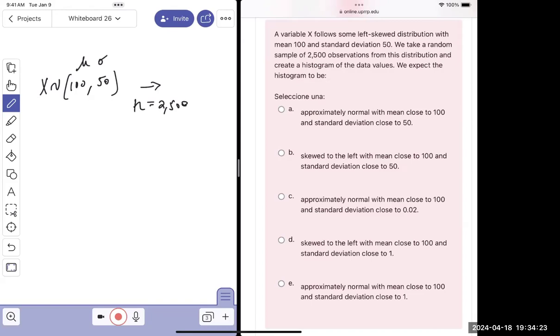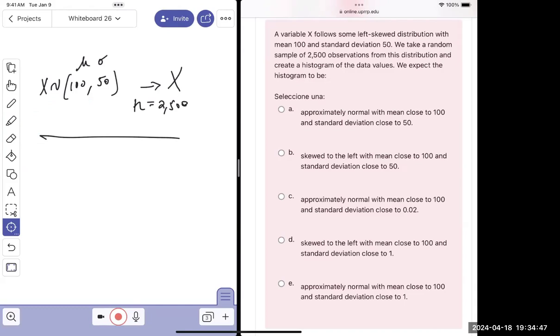So this is what I'm trying to figure out. Given a variable with this distribution, what happens if we draw, and we make a histogram of those values that we draw?